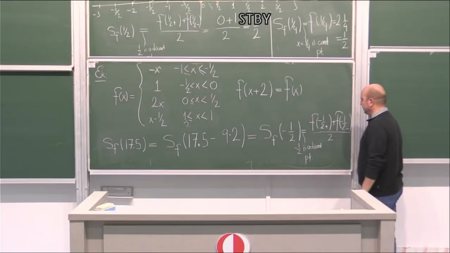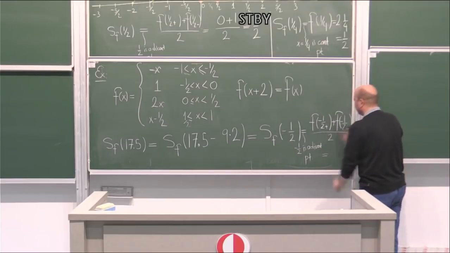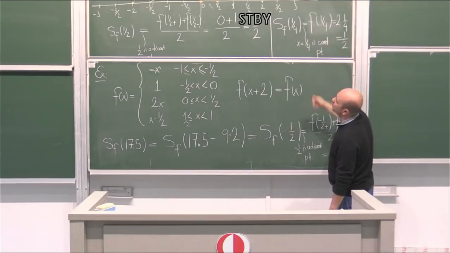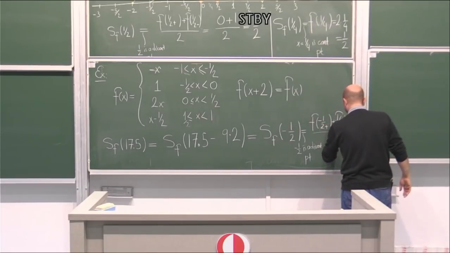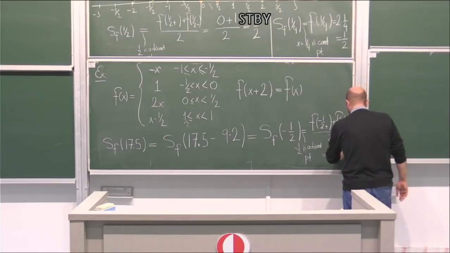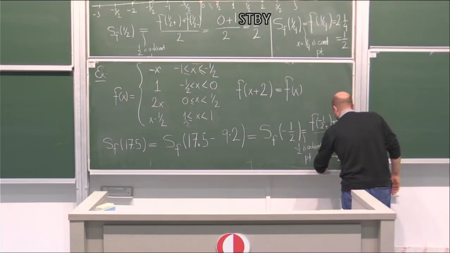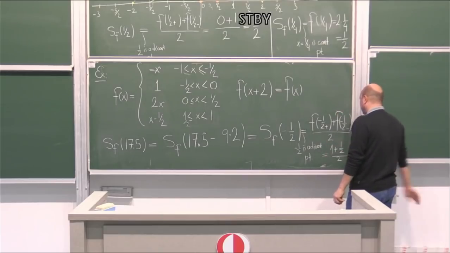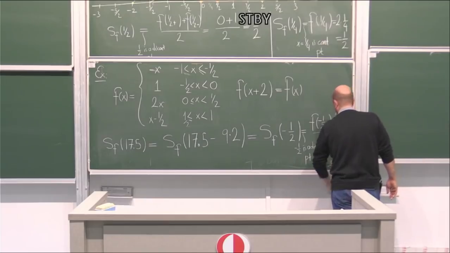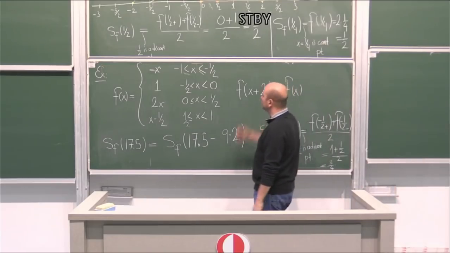Okay? So if you look at this thing, minus 1 over 2, right limit is 1. Left limit is 1 over 2, and divided by 2, so you get 3 over 4. That's the value.